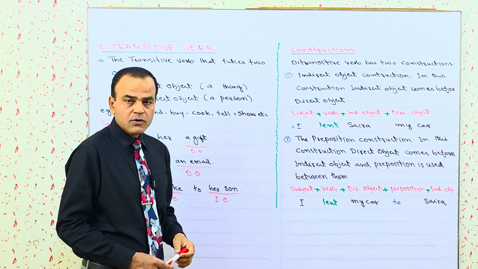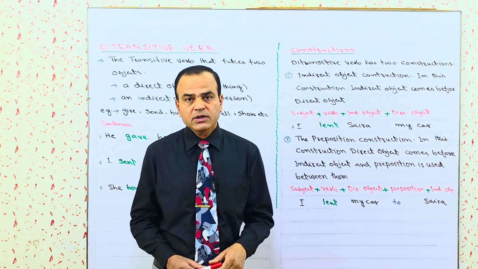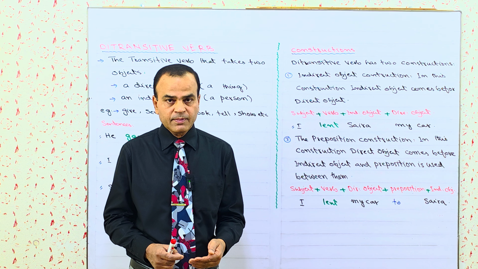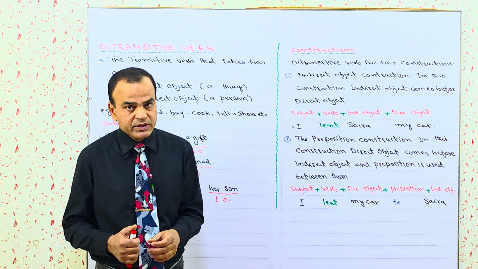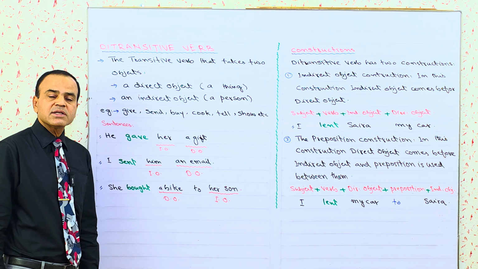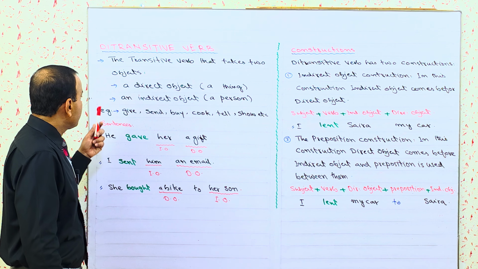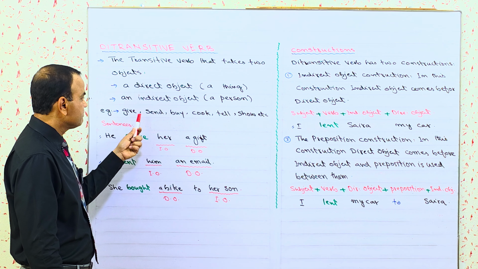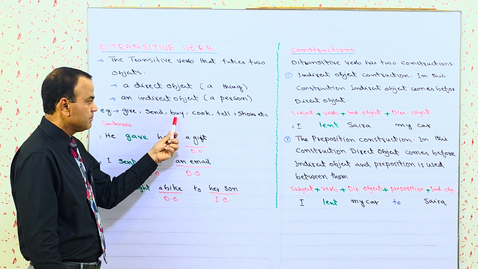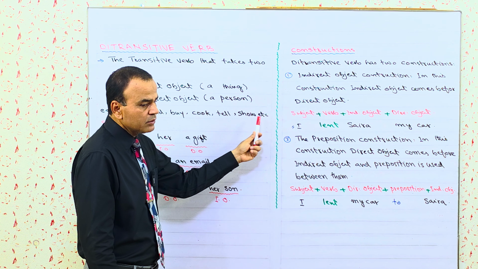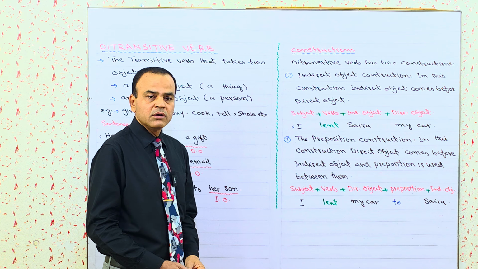This is common in English, that in some sentences we use two objects, and the verb that takes two objects is called a ditransitive verb. Common examples of the ditransitive verb are give, send, buy, cook, tell, show, and so on.